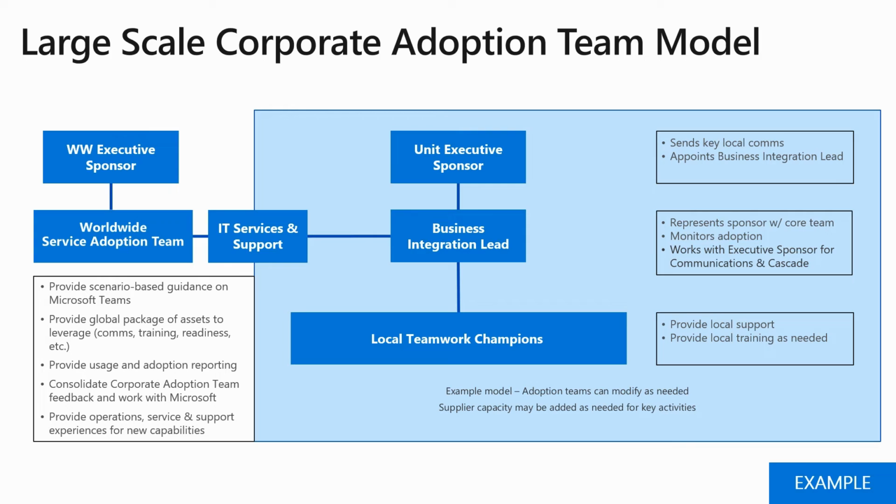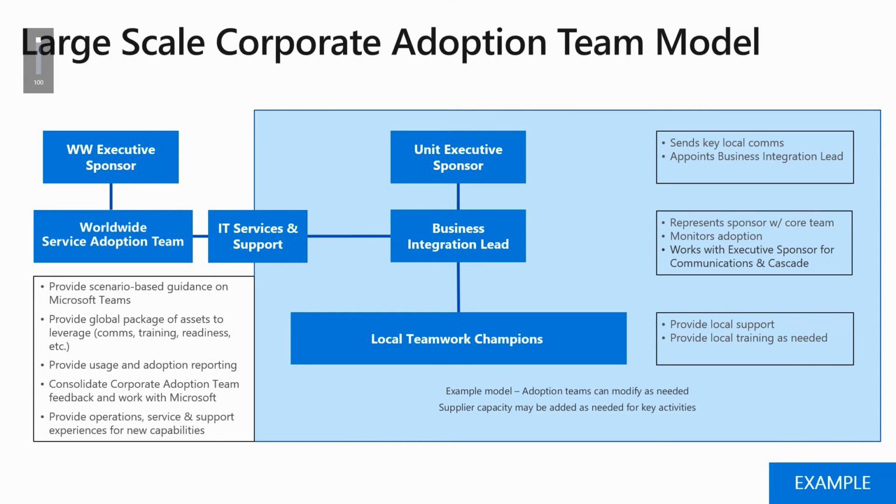They partner with the IT service and support organizations, and then they work with different unit executive sponsors. Think of doing this work for sales, for operations, for support, for customer service. You wouldn't want to do it all at the same time. So, the smart way to do it is to identify the key pain points of those different units and work with them individually on a rolling schedule.